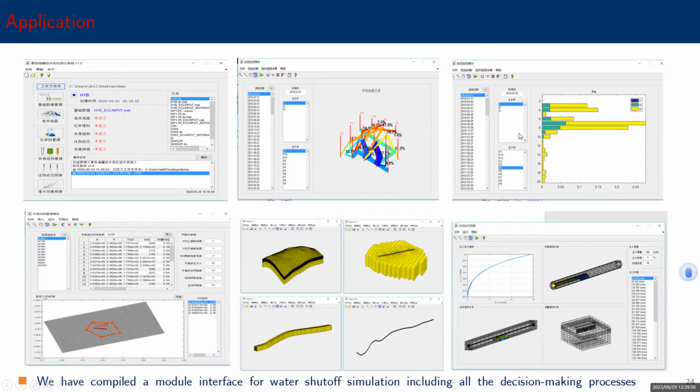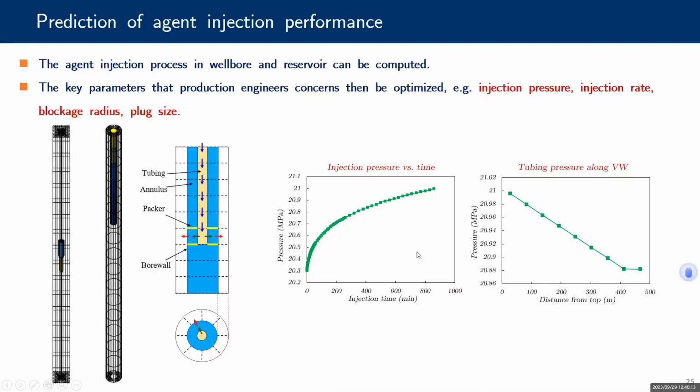Then we select the well candidates to determine the VOI. We can determine the VOI by just clicking with the mouse. Then we mesh the VOI to determine the injection type and production stream type and conduct water plugging simulations.